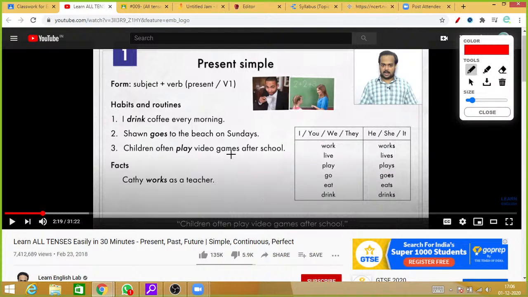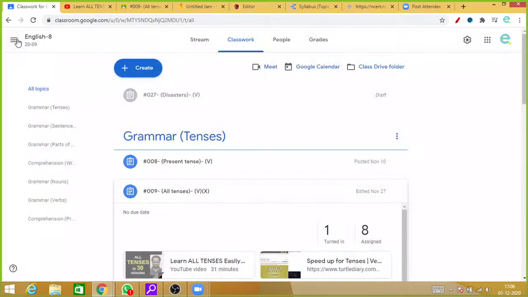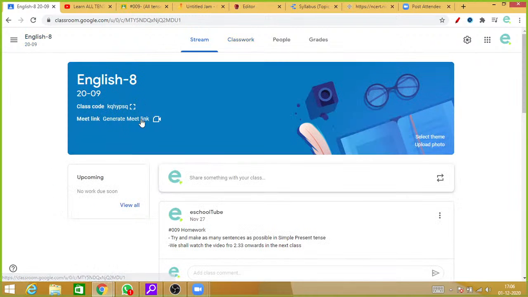Okay? Ganesh, you can leave the class. This is the homework. I'll put it in the stream. I'll explain to Ritvik how it has to be done and what the code of the class is. Okay? Yeah, I'll just show you. See, you have to download Google Classroom. Are you aware of Google Classroom, Ritvik? Yeah. So this is the class code.